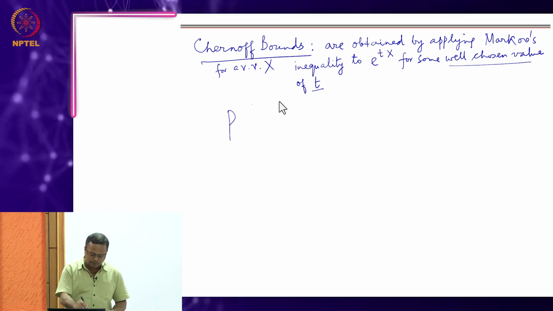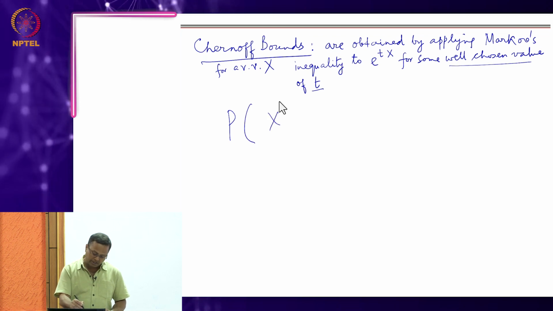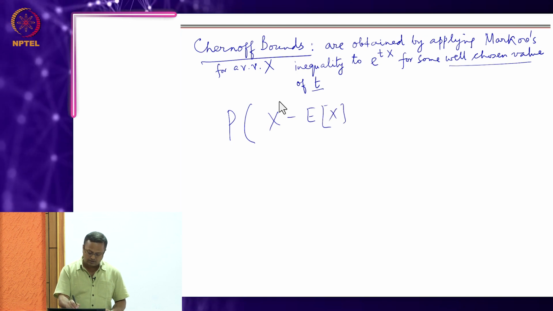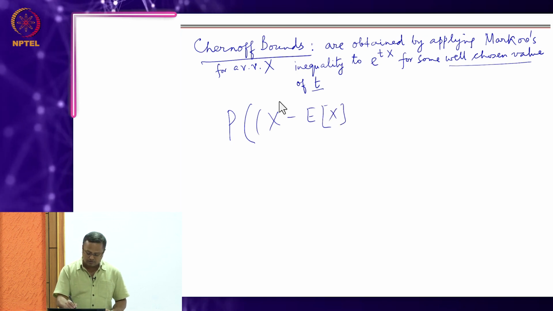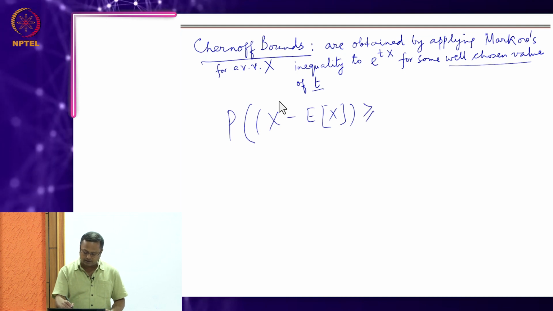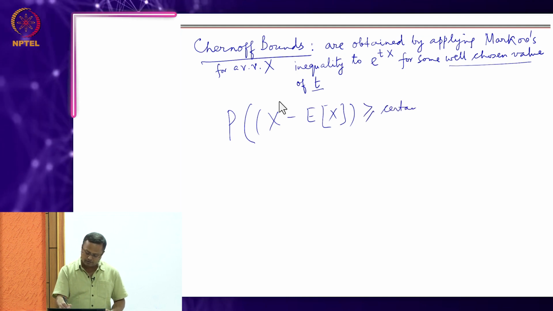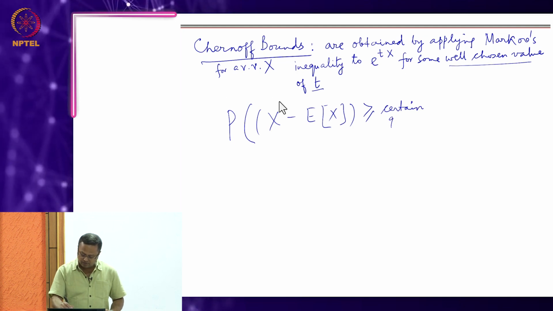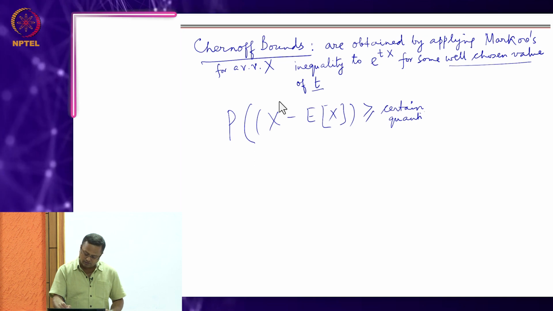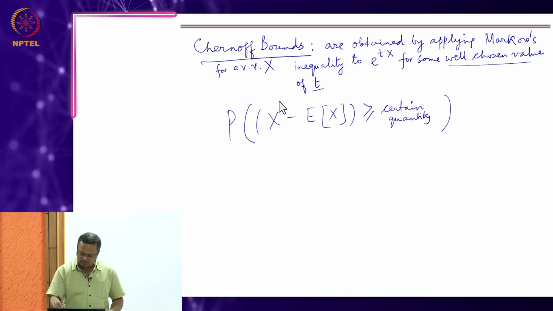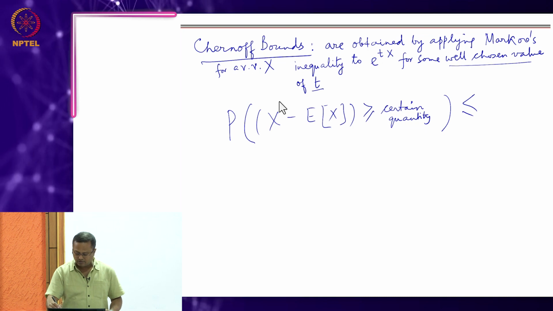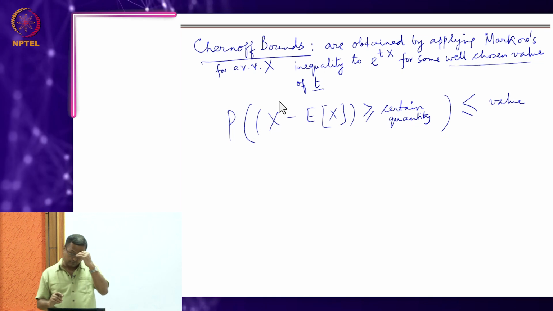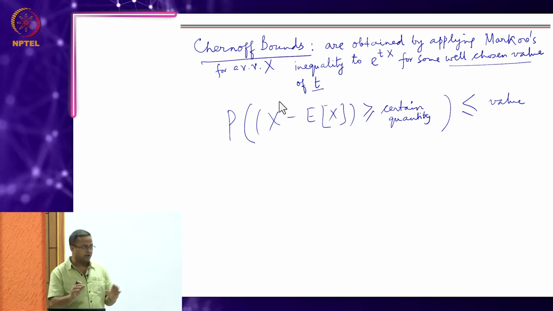I want to make a statement like this, that x is away from its expectation by a certain quantity with some small probability. So, this is what tail inequalities are.